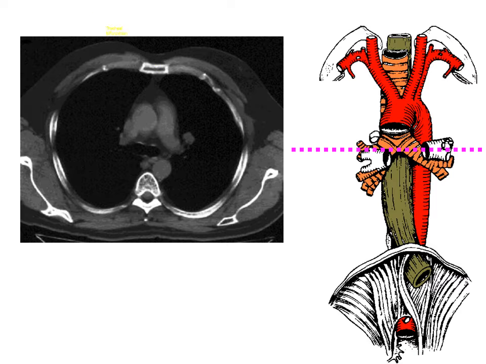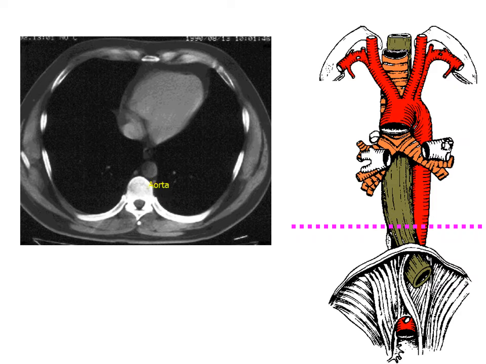But below the level of the sternal angle, the trachea is bifurcated into right and left main bronchus. The arch of the aorta here cannot be seen because it is below our level of sectioning. The third section shows that the esophagus lies anterior to the aorta at the lower aspect of the mediastinum.